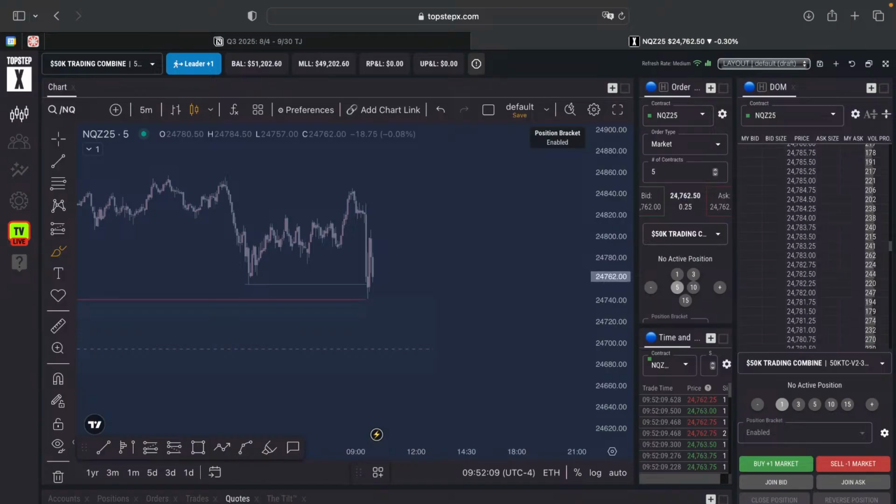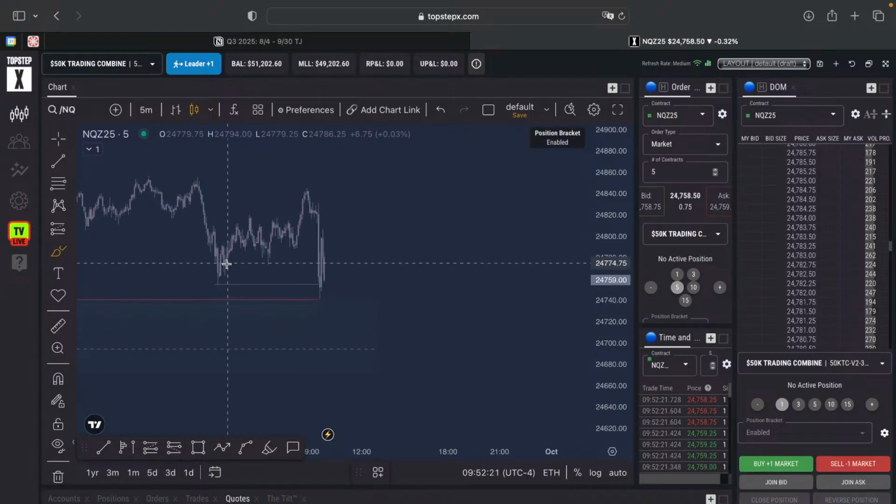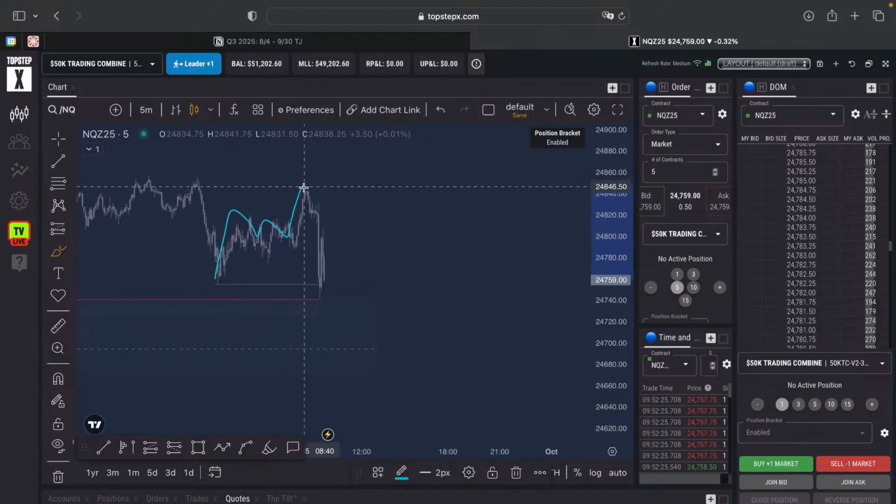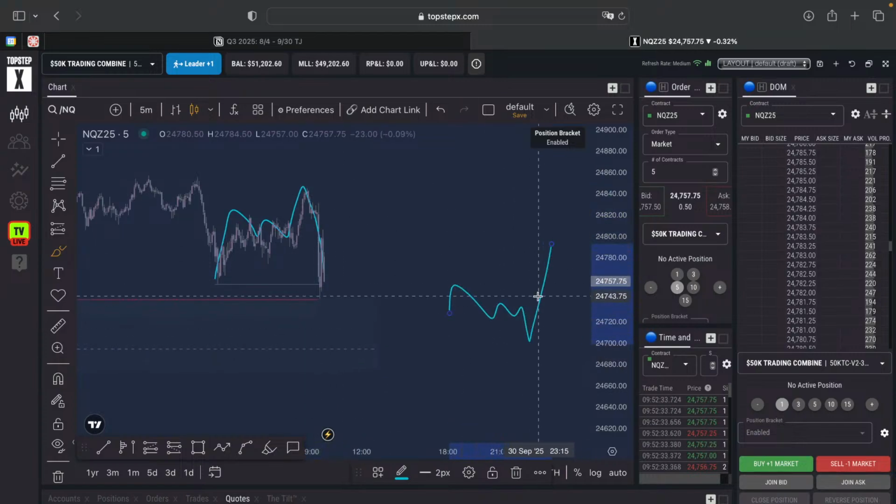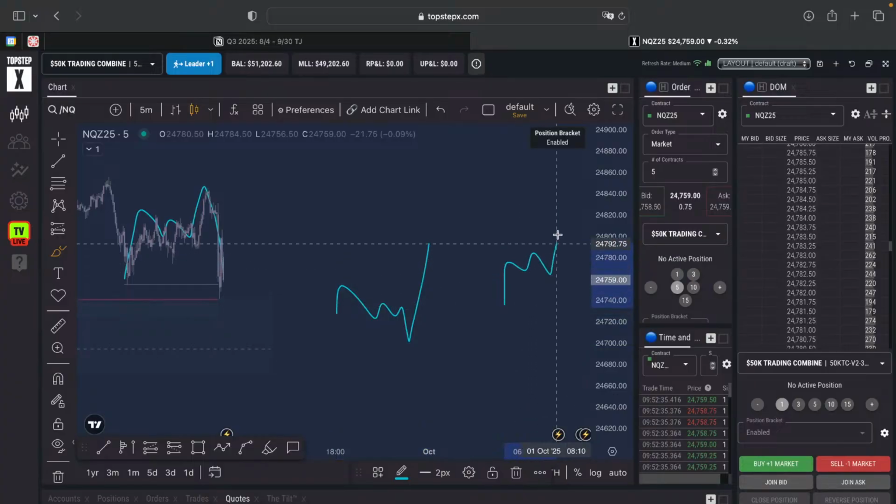If you really want to focus on taking the main moves and not just trading off momentum, you have to look at the market as an entity that moves in cycles. Okay, and if you notice, look at what happens before we see the big move in any market. Consolidation, sweep, then move.